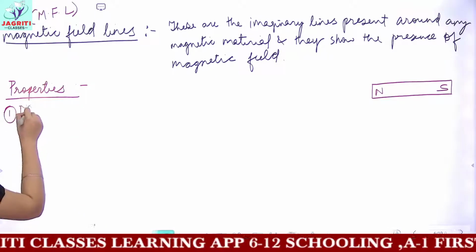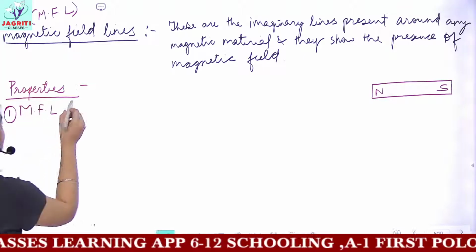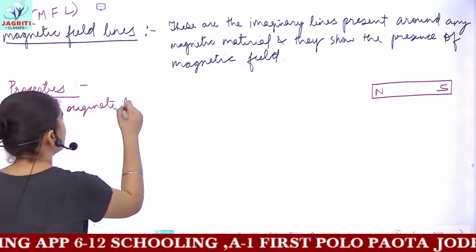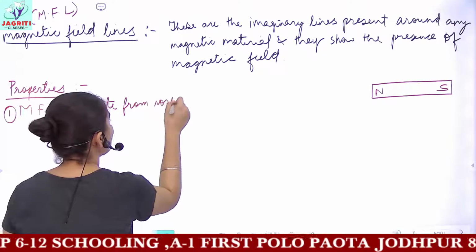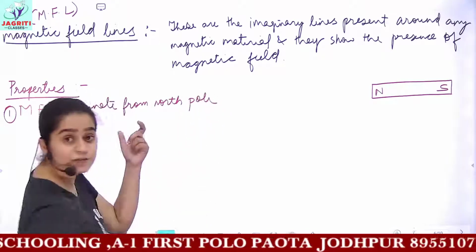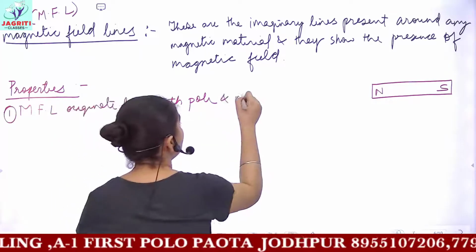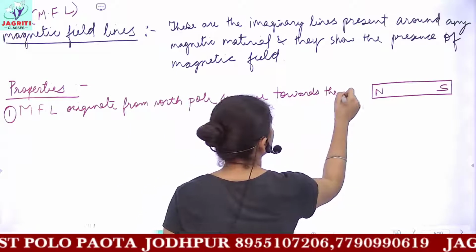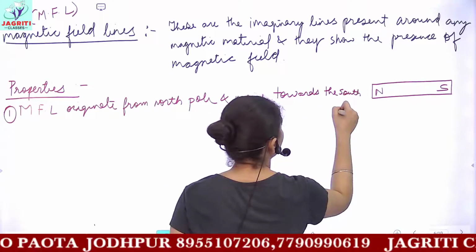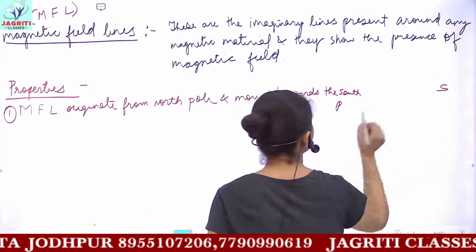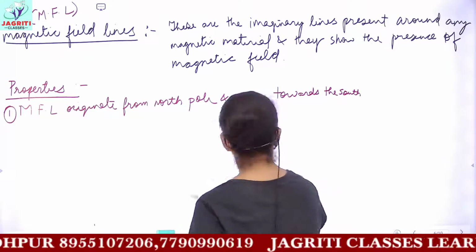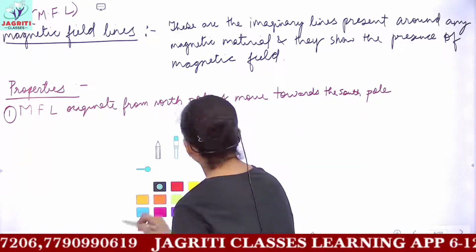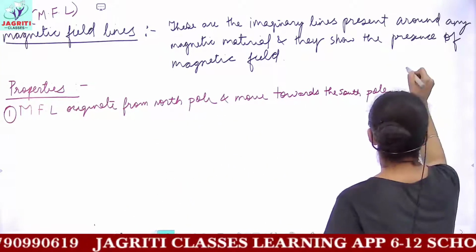Okay, so these magnetic field lines originate from the north pole of the magnet. They start or originate from the north pole and move towards the south pole. So they start from the north pole and they end towards the south pole. This point you have to remember.